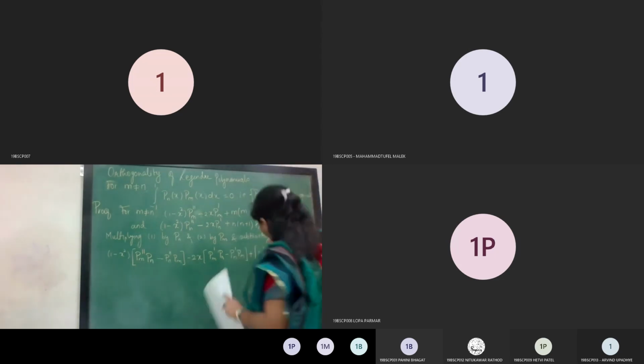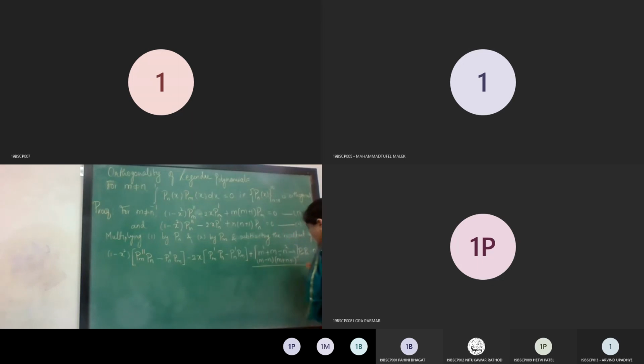Okay, now let us consider the term. Don't write right now, just watch calmly. When I consider the derivative of this term, what is it? The derivative of this means it is Pm dash Pn minus Pn dash Pm. Okay, so this is also a function of x, this is also a function of x. So I have to apply the multiplication rule.